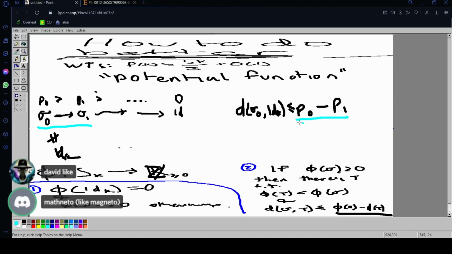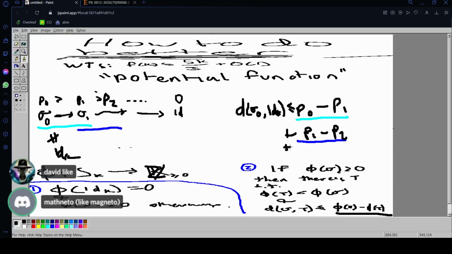So that's an upper bound for the number of steps used there, because this doesn't need to be the exact distance. It's just an upper bound on the distance. And if we want to know about the second step, the cost would be at most P1 minus P2, because you have potential P1 and you go down to potential P2.